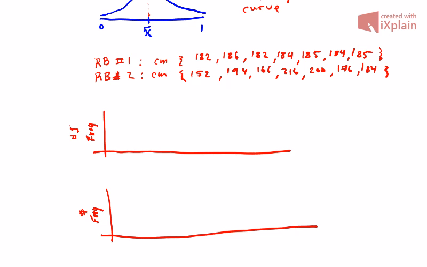Now, this would be the rubber band number 2 distance, and this is going to be the rubber band number 1 distance.